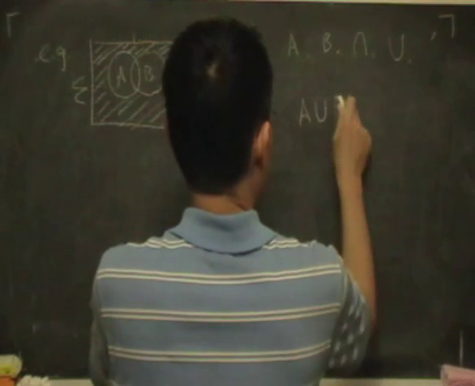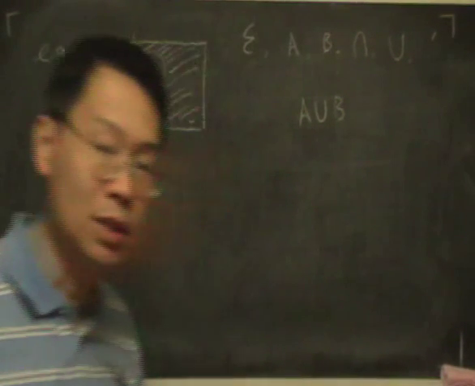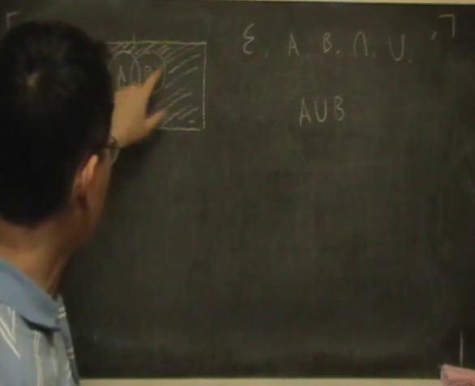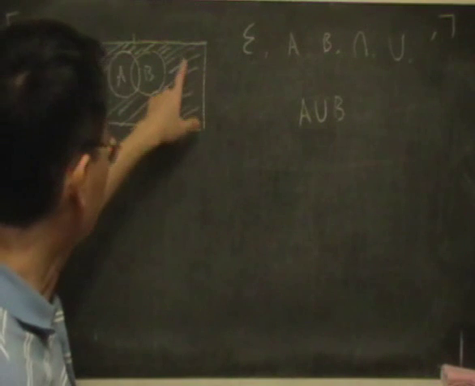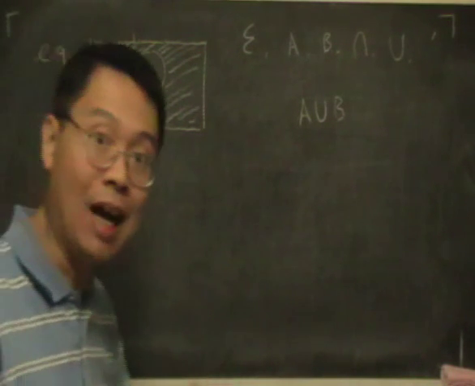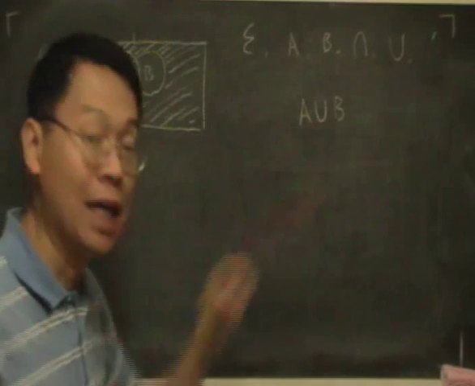A union B is actually the unshaded area. But that's not what we're interested in. We're interested in the shaded area, which is everything outside A union B.